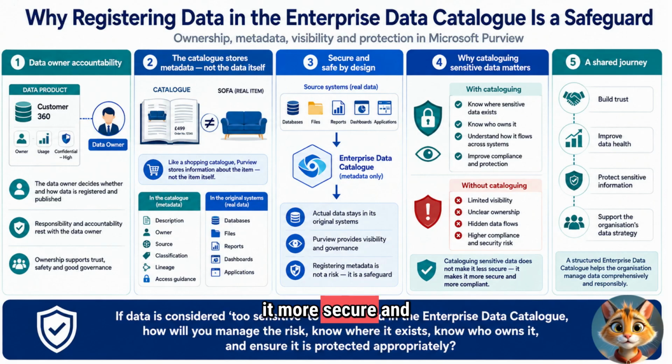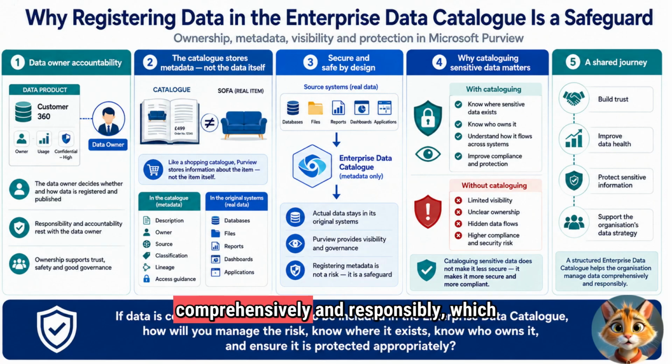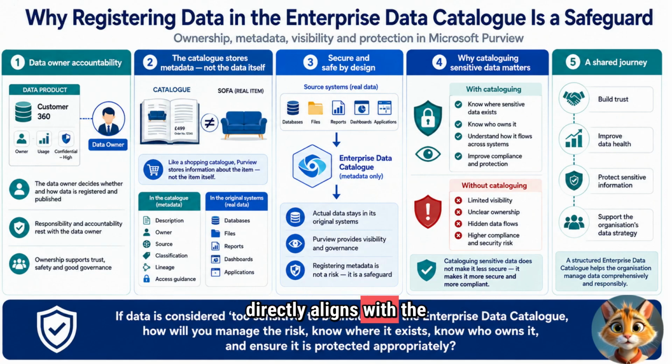It makes it more secure and more compliant. Even your data strategy will emphasize the organization's commitment to managing data comprehensively and responsibly, which directly aligns with the need for a structured enterprise data catalog and strong governance across all data, including sensitive and personally identifiable information.